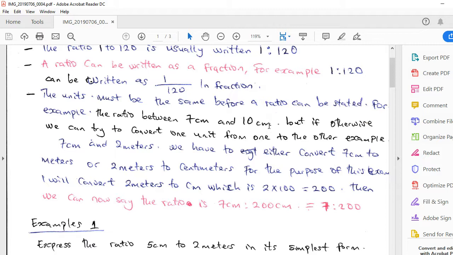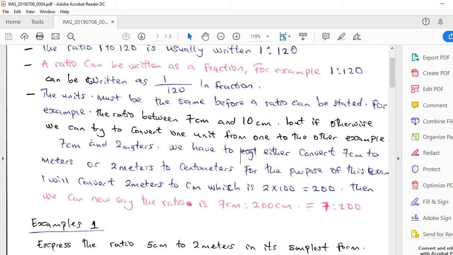But if the base units are not the same, you need to convert one of the base units to make it the same. We can try to convert one unit to the other. Example, 7 centimeters and 2 meters. We need to find the ratio of 7 centimeters and 2 meters. Now, we have centimeters and meters, so the units are not the same.